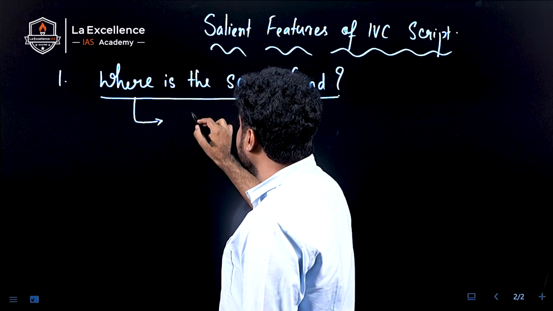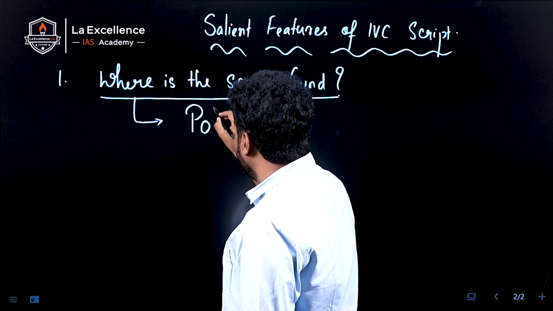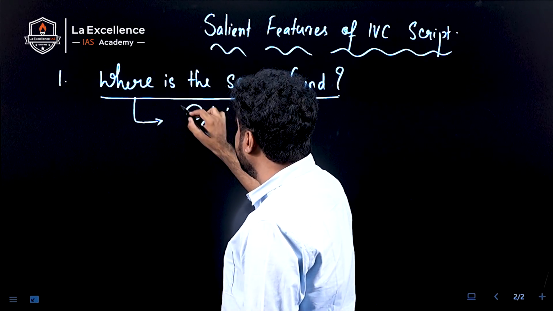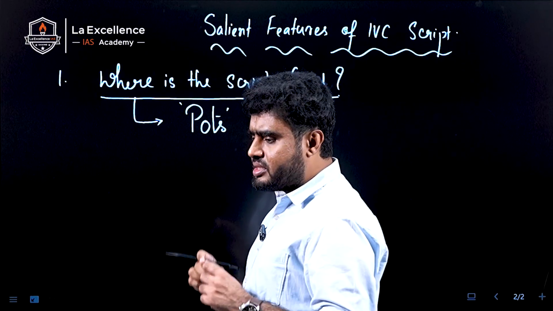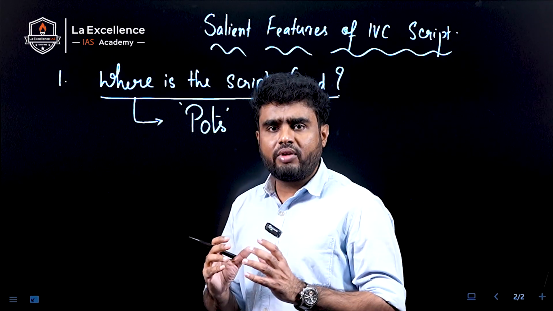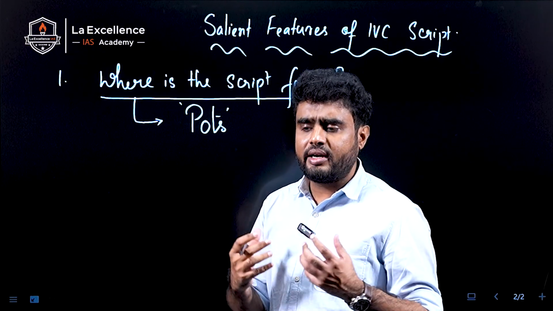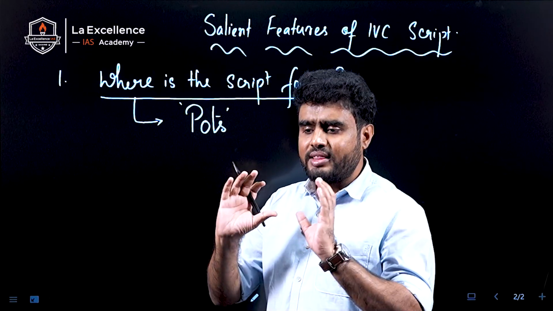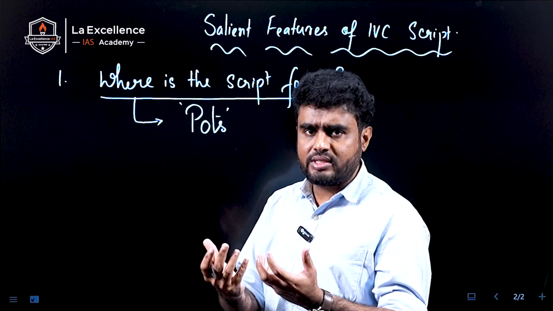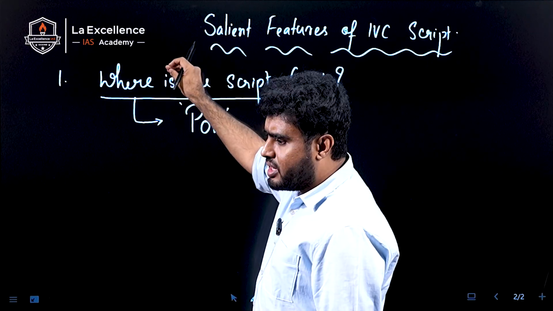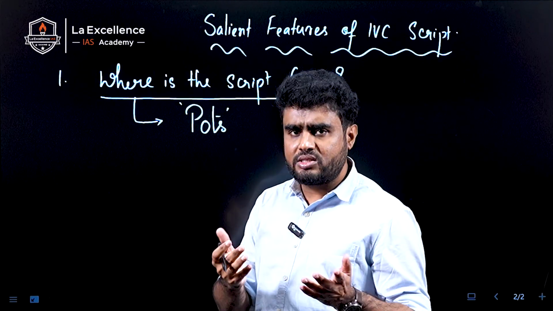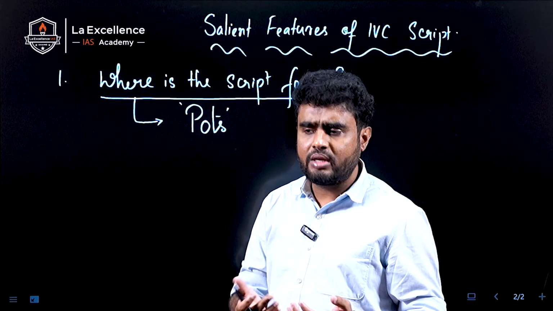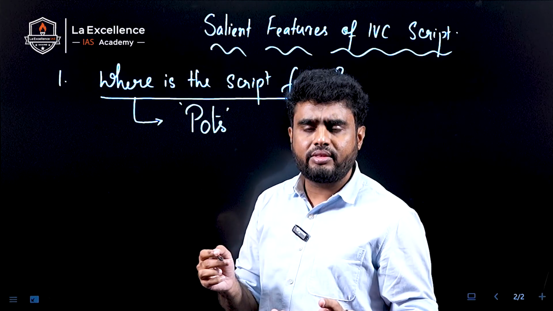For example, the script is found on the pots that were manufactured by the people in those days. The Indus Valley Civilization people were experts in pottery. So they had ornamented their pots with various designs. On the surface of the pot, you will find their script. Because nowadays, in our present day generation, where do we write anything?